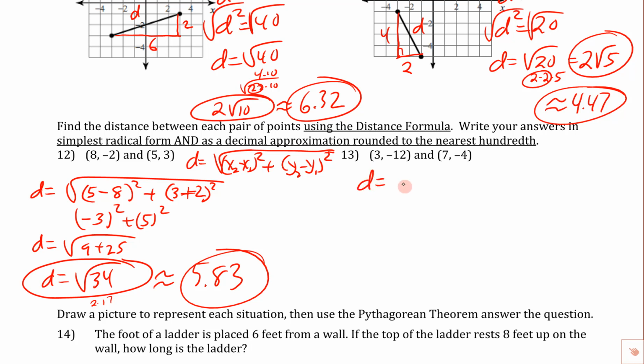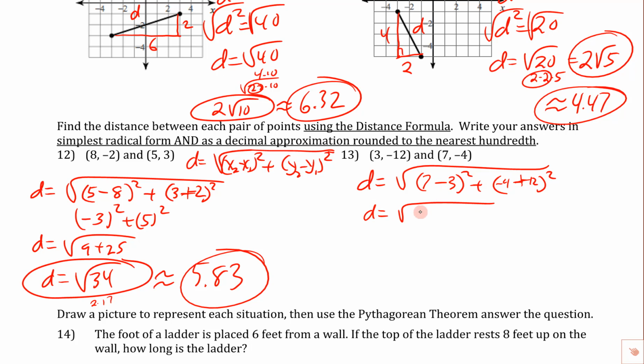Okay, let's take a look at the next one. I'll go ahead and write this down. Big square root. I'll put the quantities that we're going to square with a minus in between, and then we're going to do x2, 7, minus x1, which is 3, y2, which is negative 4, minus y1, which is negative 12. So careful here, that's going to be a plus. So this is going to be d equals a big square root.